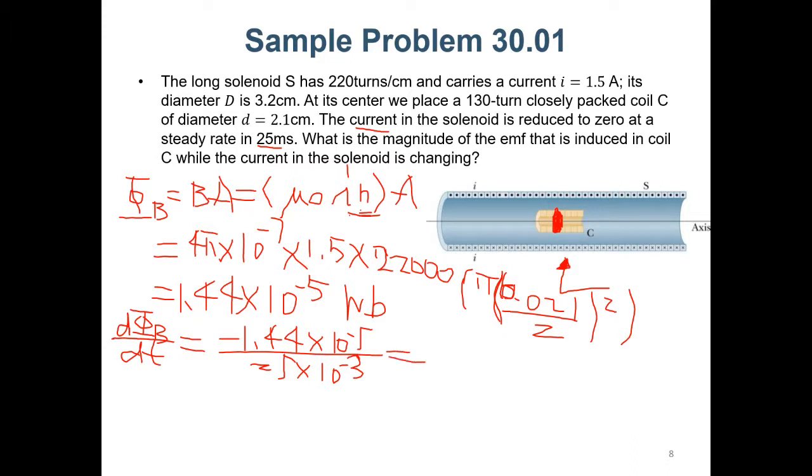Because it goes from 1.44 times 10 to the minus 5 and reduces to 0 in 25 milliseconds, the rate of change is minus 1.44 times 10 to the minus 5 divided by 25 milliseconds. So it is something like minus 5.76 times 10 to the minus 4 Weber per second.